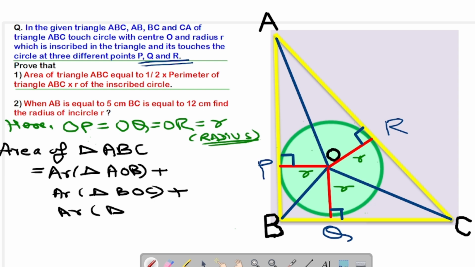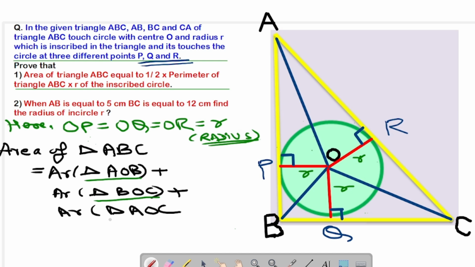So these are the three triangles which we are saying are subsets of the bigger triangle. When we add the areas of these three triangles, we will get the area of the bigger triangle, the main triangle ABC, right?